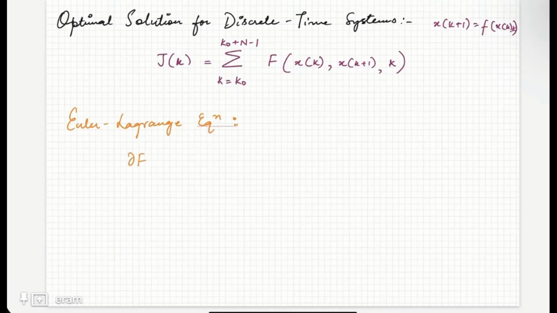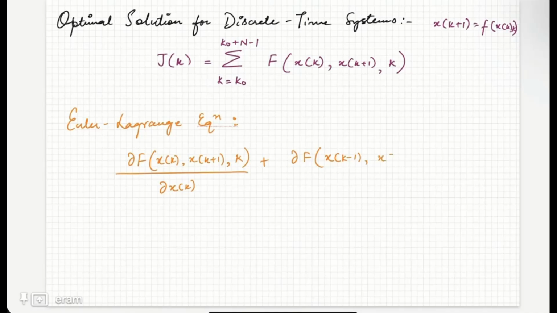So we have to find the partial derivative of f, which is a function of xk, xk plus 1 and k with respect to x of k, and plus the partial derivative of f at the previous time step, that is x of k minus 1, x of k and k minus 1 with respect to xk, and this should go to 0. So this is our Euler-Lagrange equation for discrete time systems.